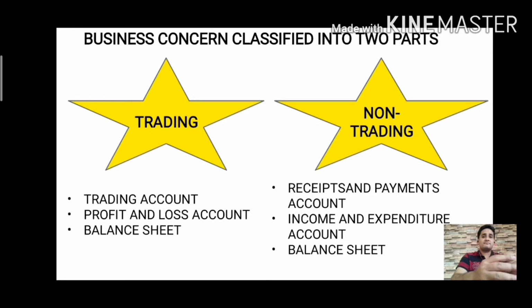Not-for-profit organizations prepare final accounts which are receipts and payments account, income and expenditure account and balance sheet. So today we will discuss only the receipts and payments account, how it will be prepared.